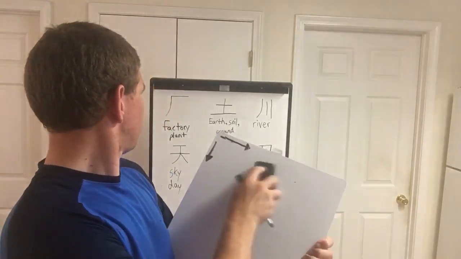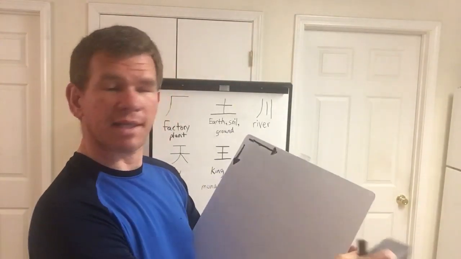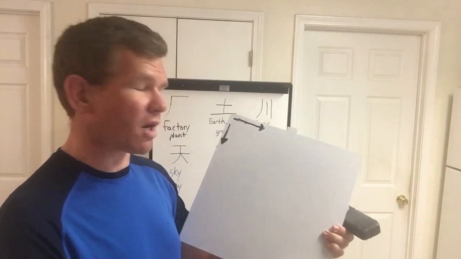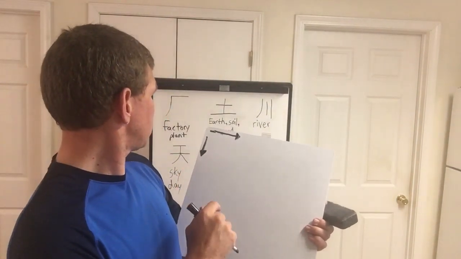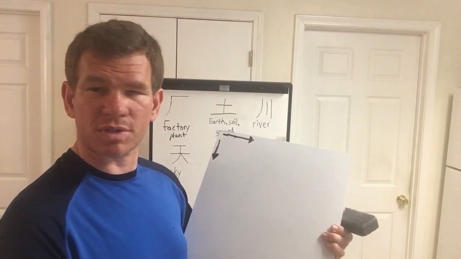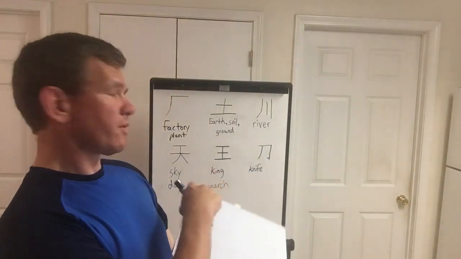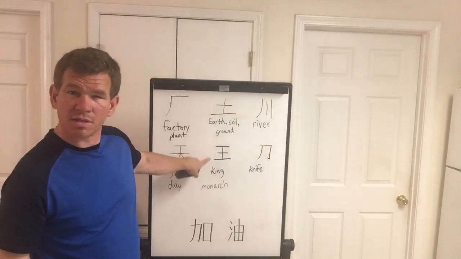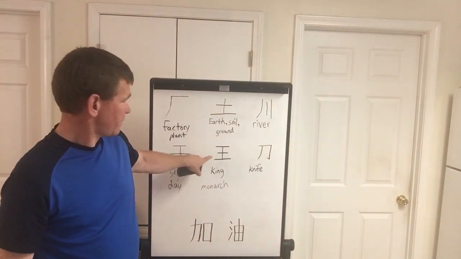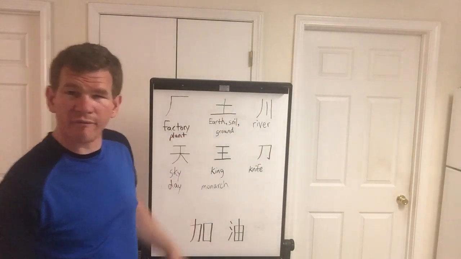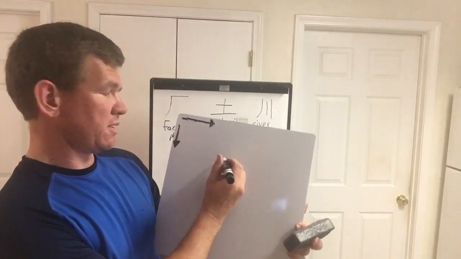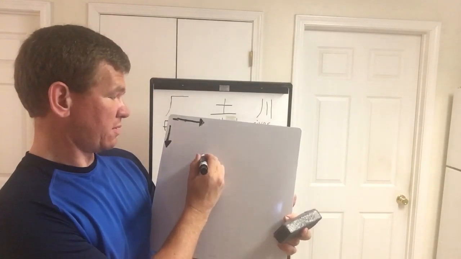All right. King, next one is king and monarch. It also means monarch. So there are 4 lines, 4 strokes. It's 3, as you can see, 3 horizontal lines and one vertical line. So the stroke order is you start on the top.